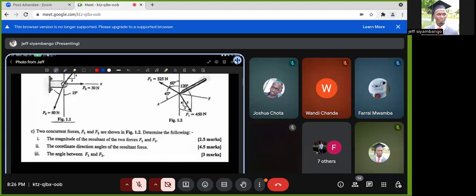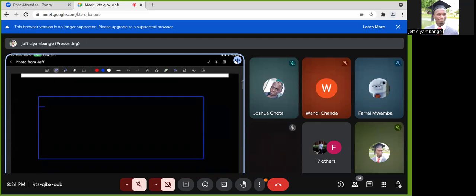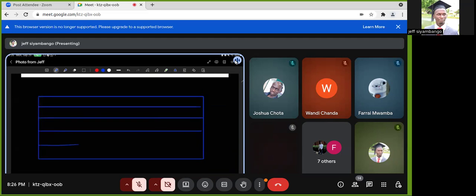Here they're saying that we have a system of three forces, F1, F2, and F3. So we're going to create a row for each one of those forces. If you recall, this is basically what we were doing in first year. And then the last row is going to be for the resultant.